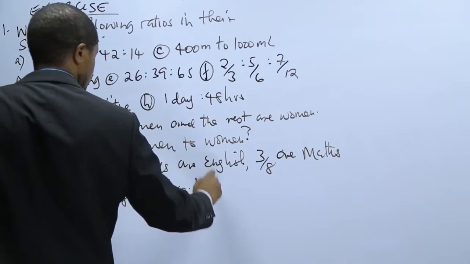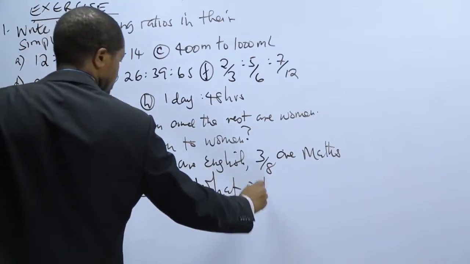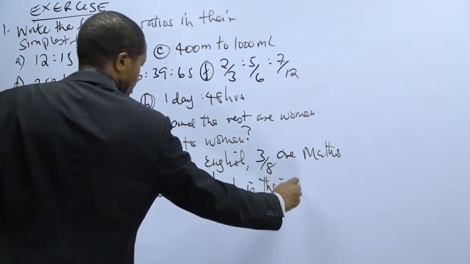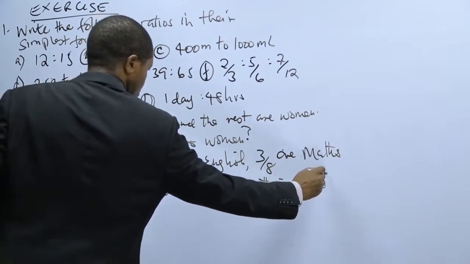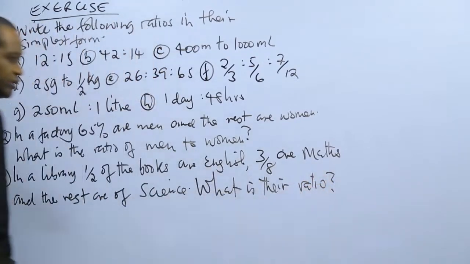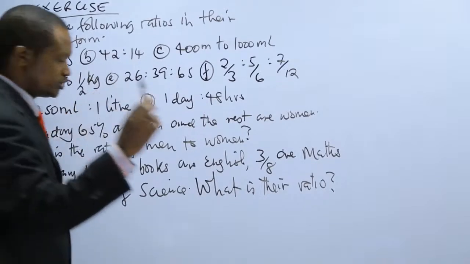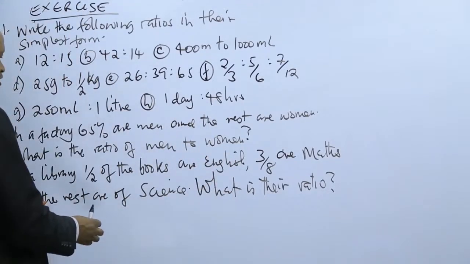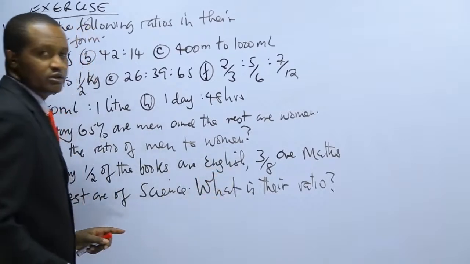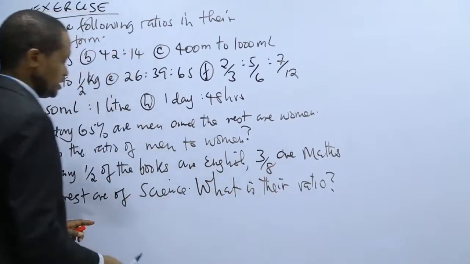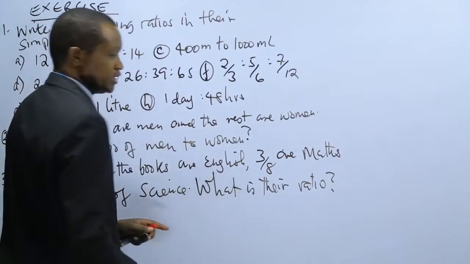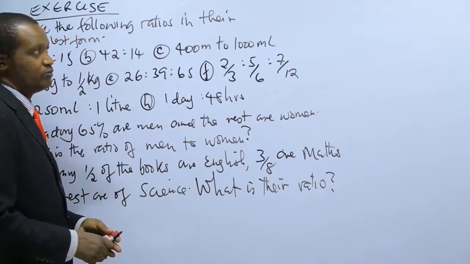The question is, what is the ratio? In other words, express the relationship between the English books, mathematics books, and science books in ratio form.